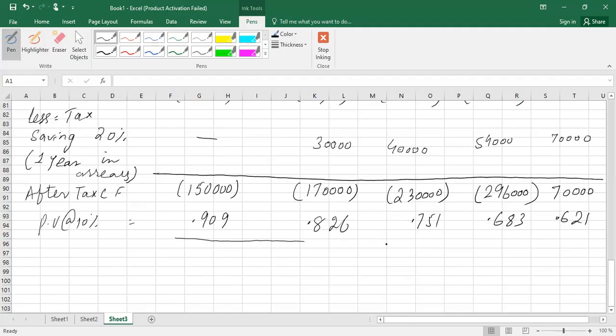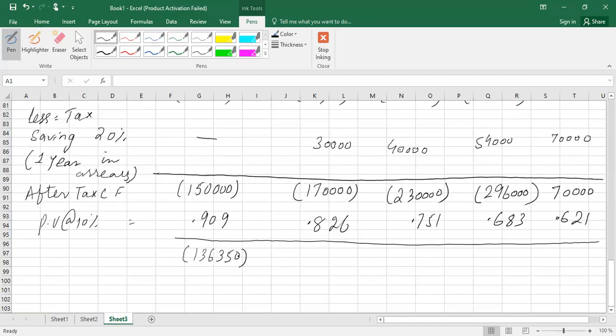Next is to calculate present values. That is 136,350.